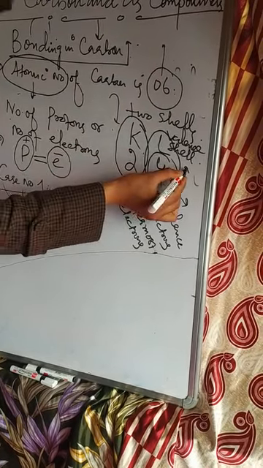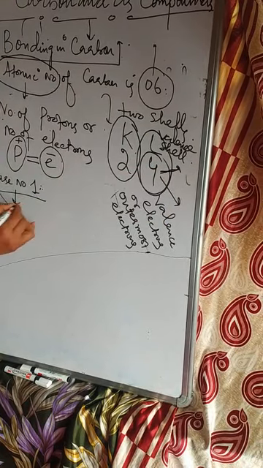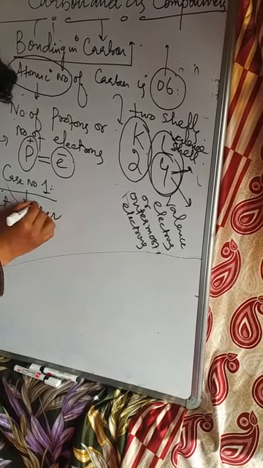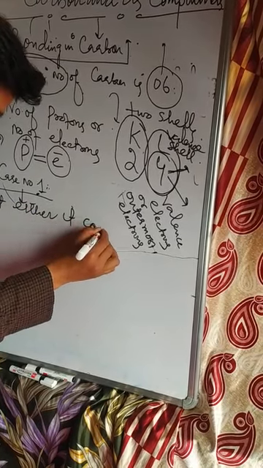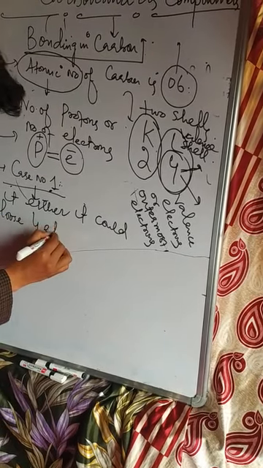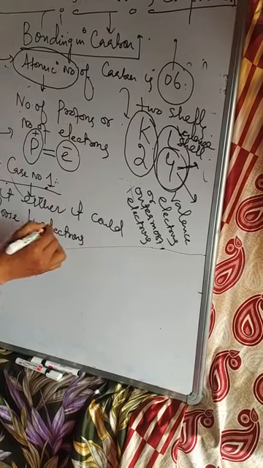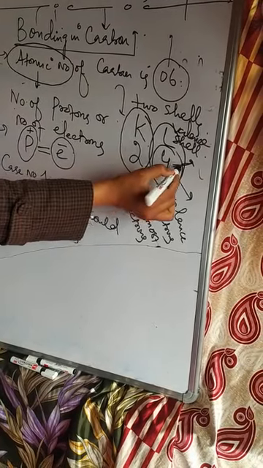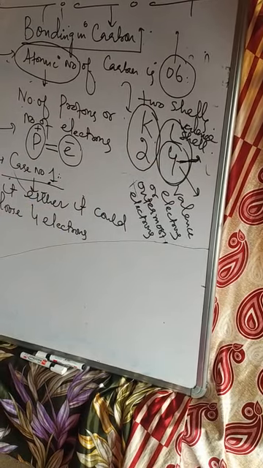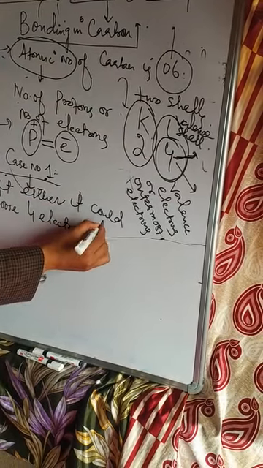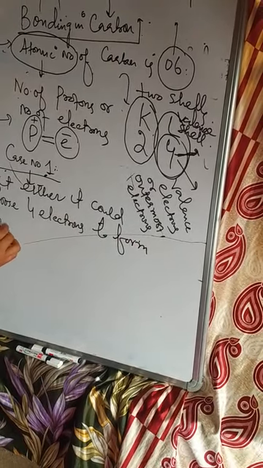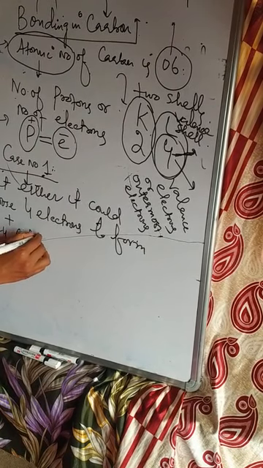For that, carbon could lose 4 electrons to form a C4 positive cation.